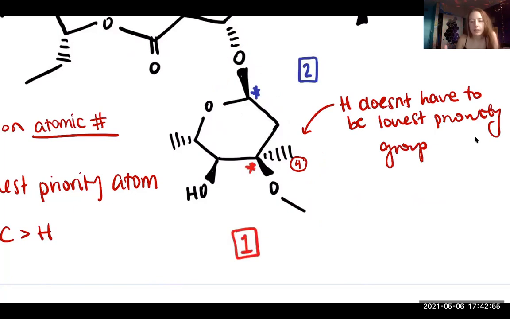It could be other things, like this methyl in this case, which is lowest priority compared to everything else here. It does not have to be hydrogen. What it has to do, though, is be in the back. We want our lowest priority group to always be in the back. How do we know if it's in the back? It's dashed.